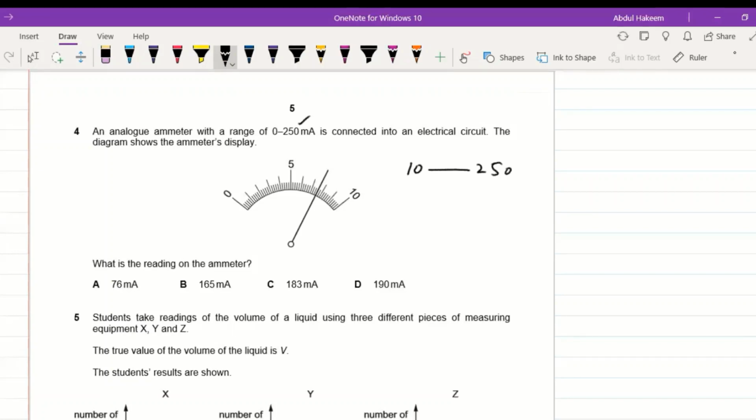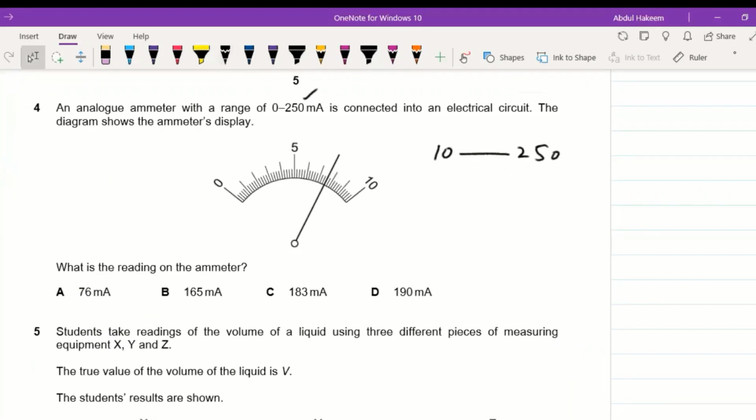And actually, this pointer is at, this is 6, 7, 8, and this is 7.2, 7.4, 7.6. So 7.6 will represent how much, by the unitary method. By calculating, you will get the correct answer, and that answer is approximately this D.